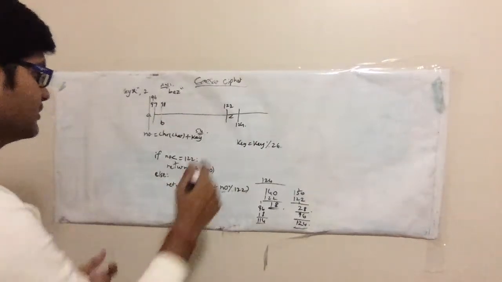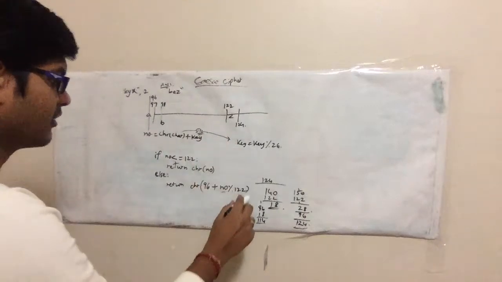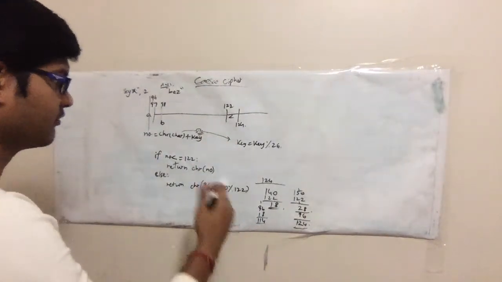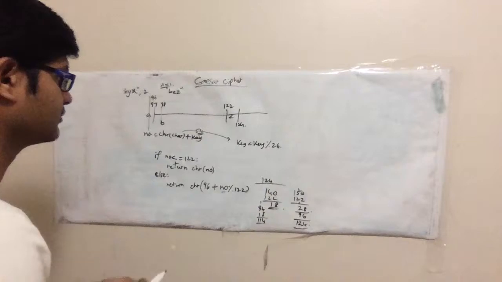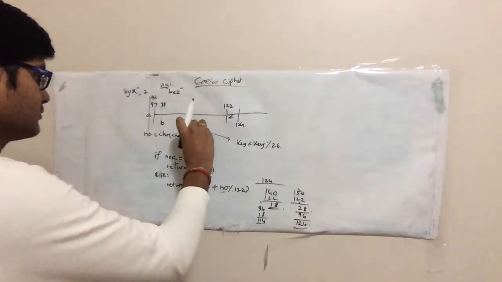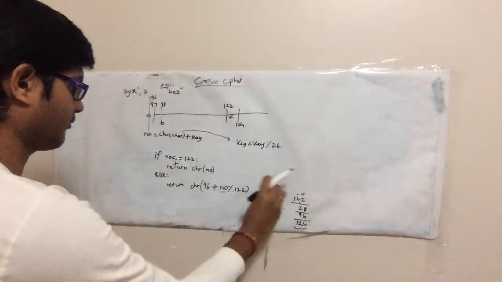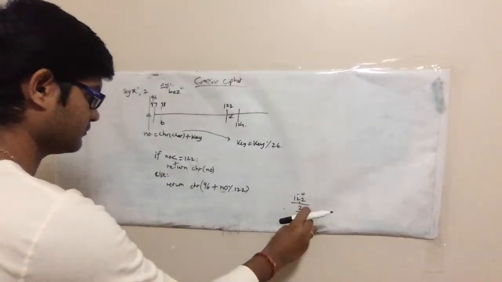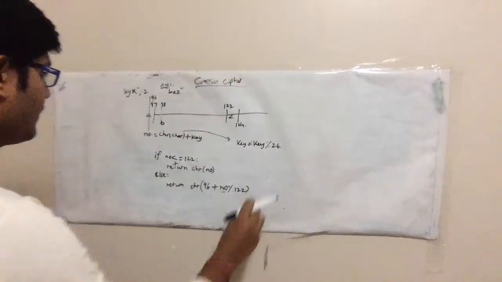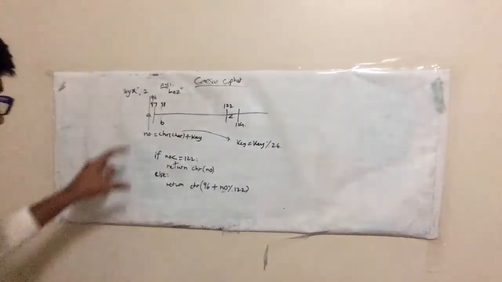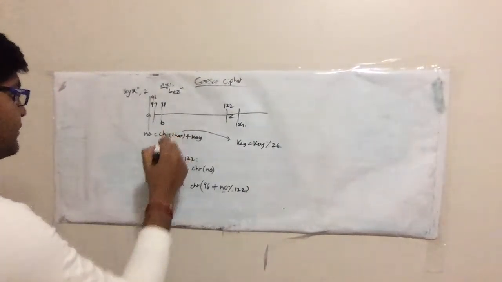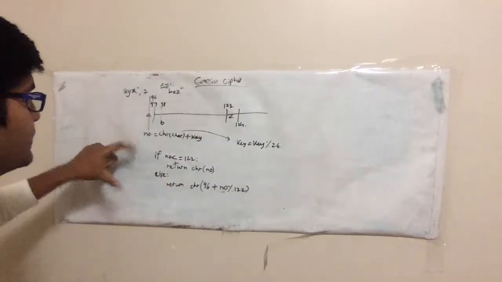So just keeping this will not create the problem of going beyond 122. Okay, I think this is fine. So this is the major logic for doing this.